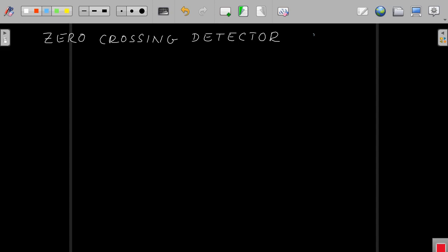Now when I have, say, an input signal like this, in this one complete cycle, how many occasions does the waveform cross 0?